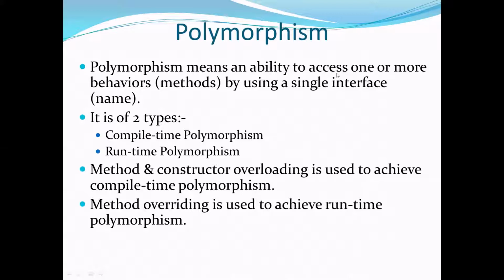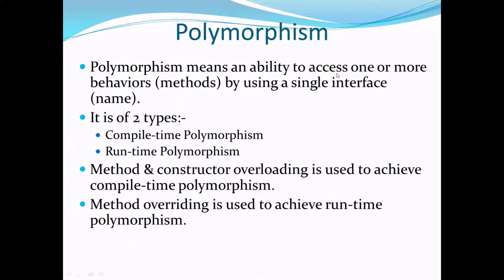For example, for the human being, if we take the example, a human can talk, but a human can talk in a different way with different people. For example, if you talk with your parents, then you talk in a different way. When you talk with your friends, then you talk in a different way.